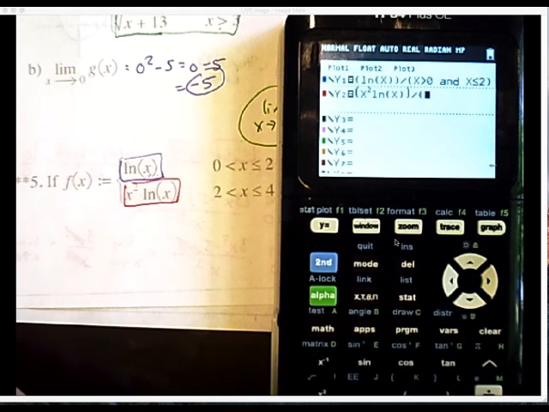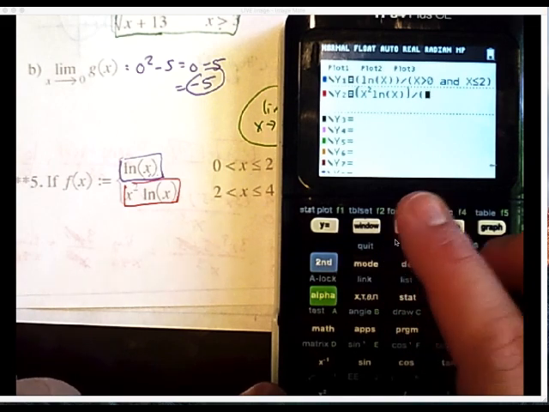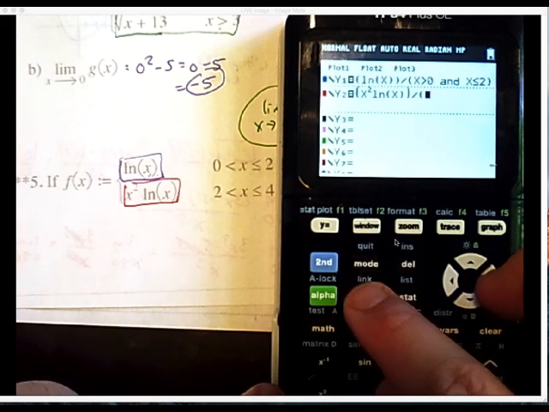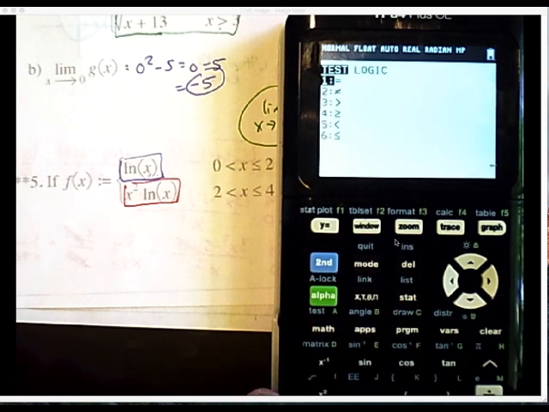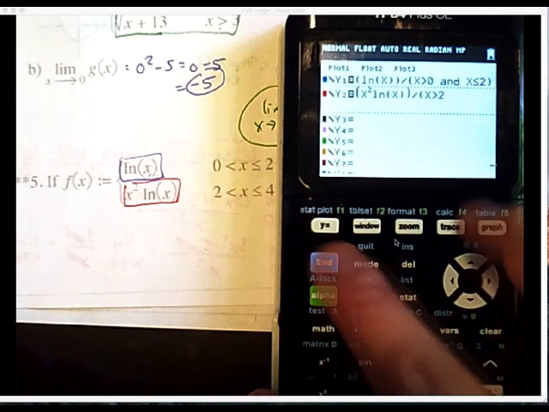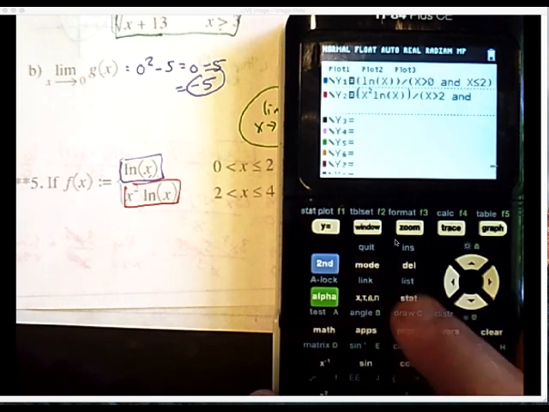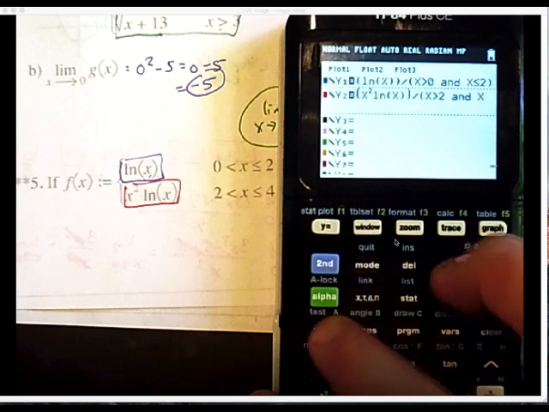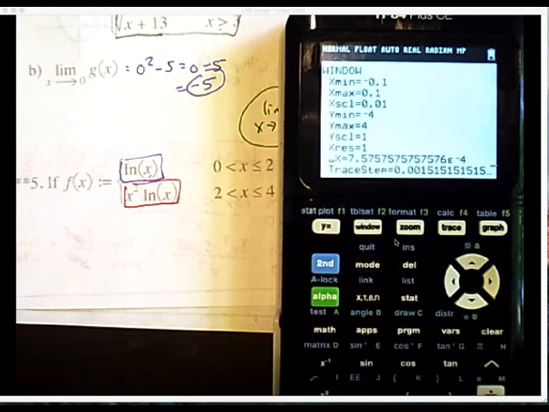That's only good when the x values are greater than 2 and the x values are less than or equal to 4. All right, on my window, I'm just going to go from 0 to 4 on my x values.